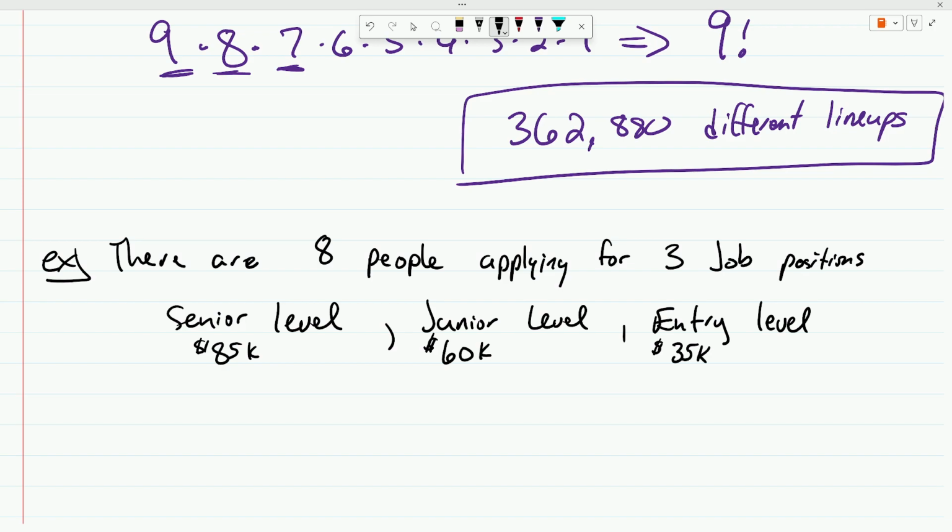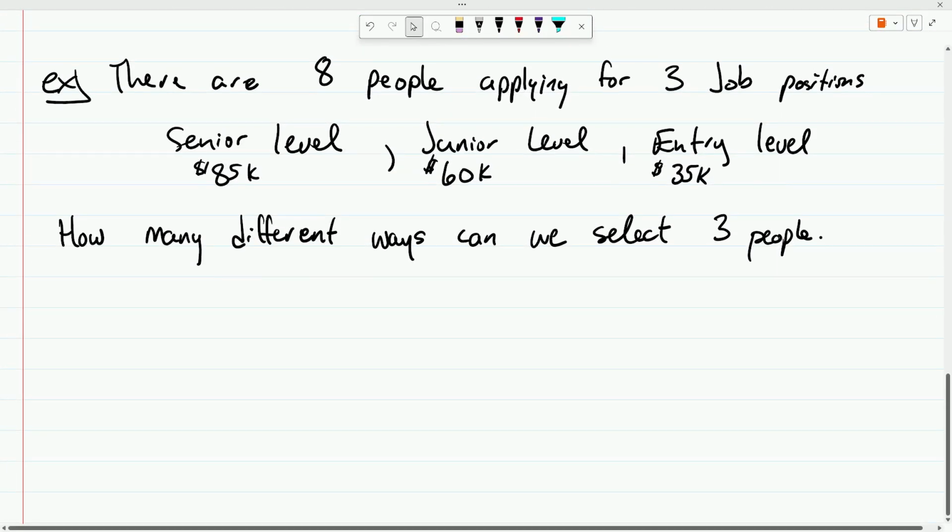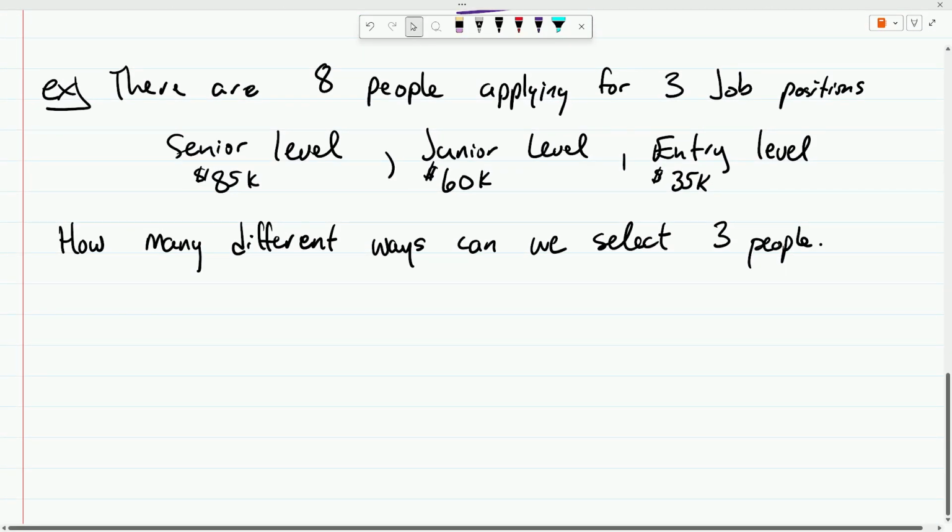So how many different ways can we select 3 people?